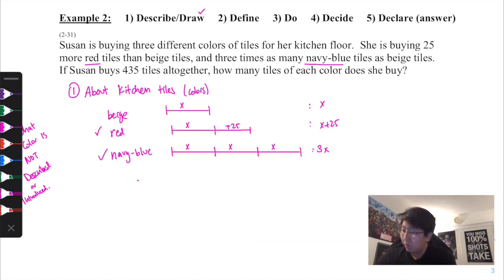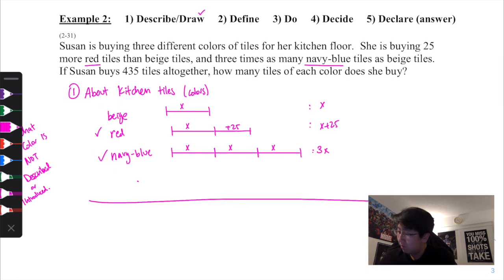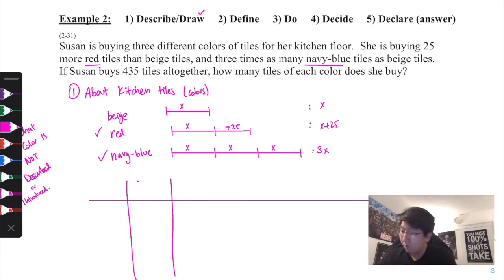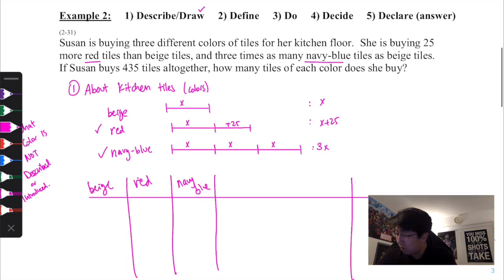If there are 3 different characters, I need 1, 2, 3. It's going to be beige, red, navy blue. We need to have a do section and a decide.